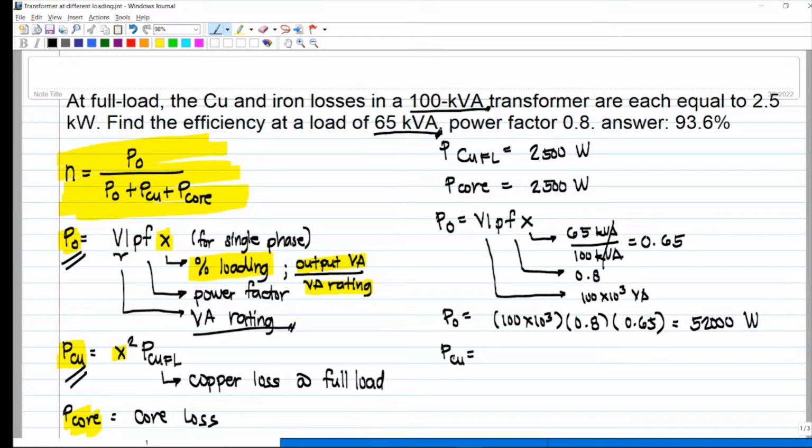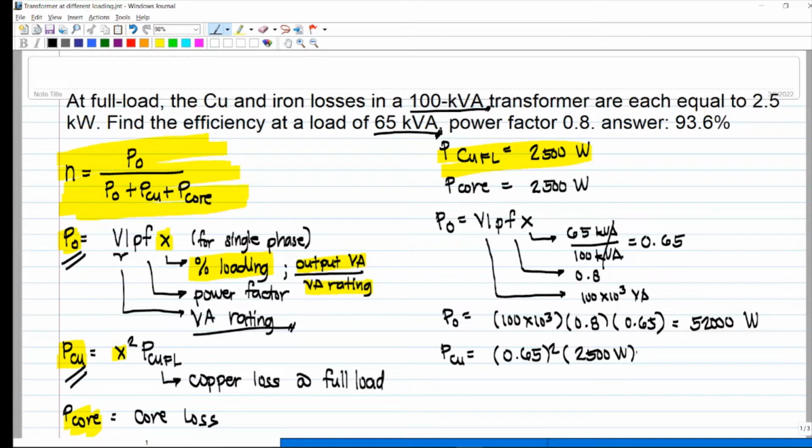P copper is X squared, wherein ang X na solve natin ay 0.65 squared. And what is the copper loss at full load? Ayan yung binigay sa first sentence natin. The copper loss at full load is 2,500 watts.